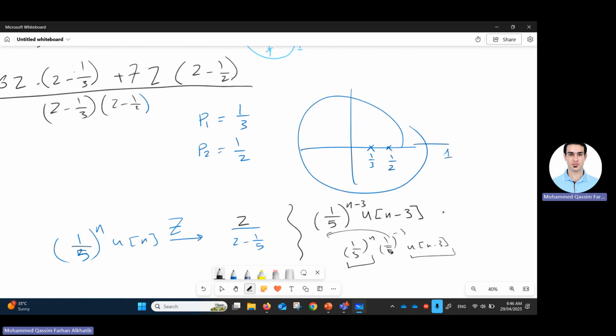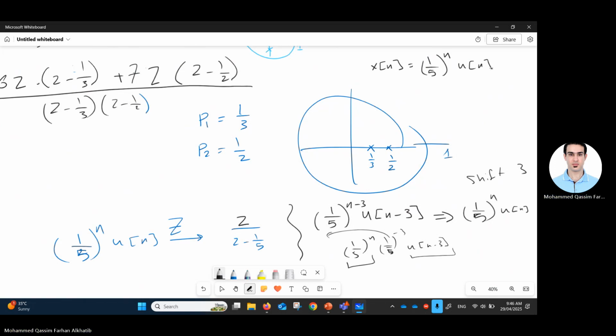Or you can simply say, this is exactly as if I'm having 1 over 5 to the power n u of n, but I made a shift by 3. You can assume that x of n equals 1 over 5 to the power n u of n.